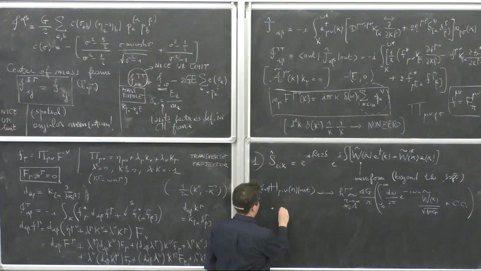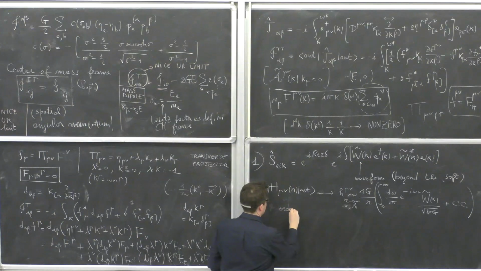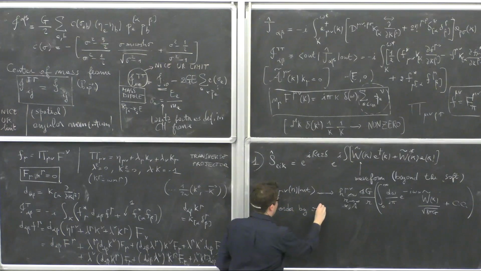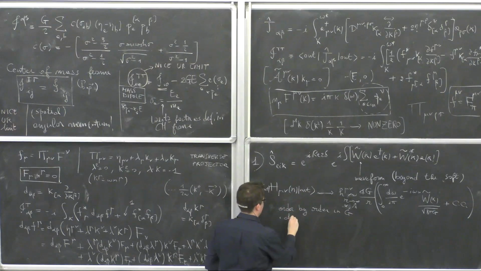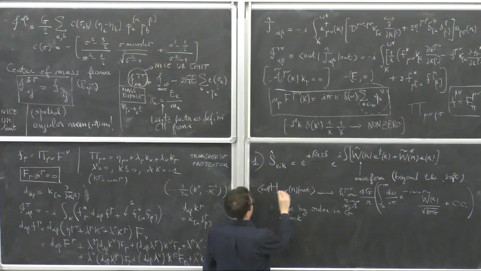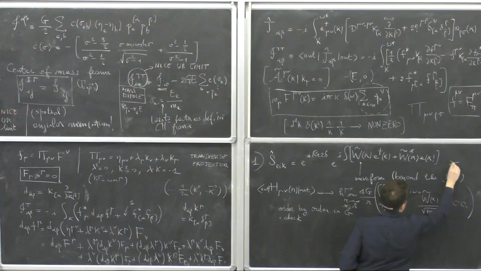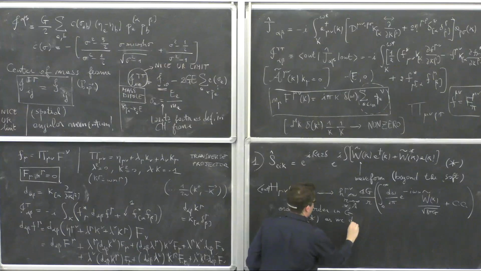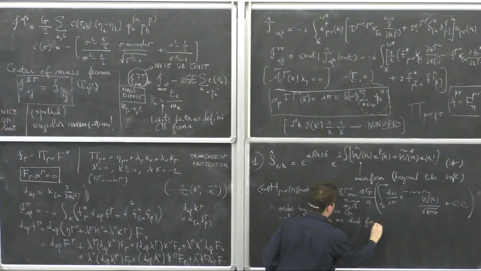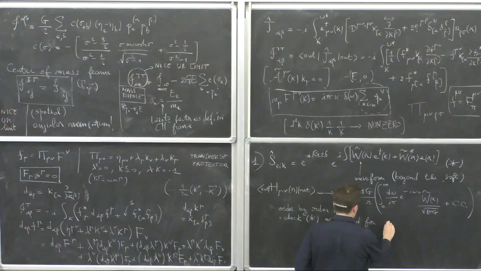So order by order in G, you can do two things. Check, let's say, star, as we did for e to the 2i delta.